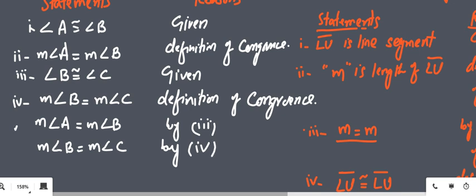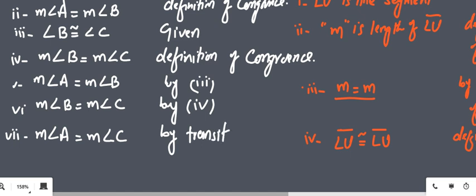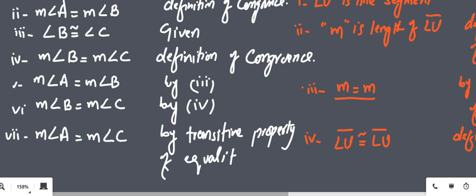Then this is 5 and this is 6. Then from these two, I can write measure angle A equals measure angle C by transitive property of equality.